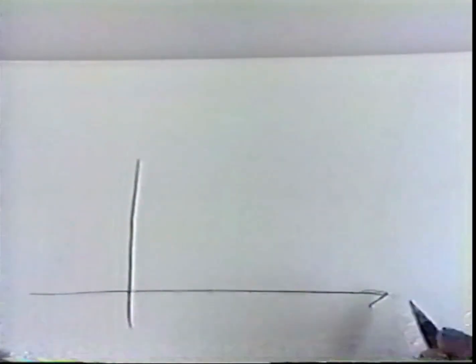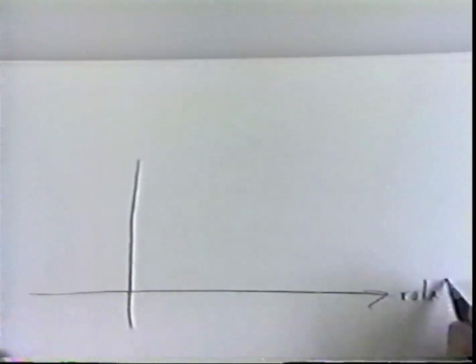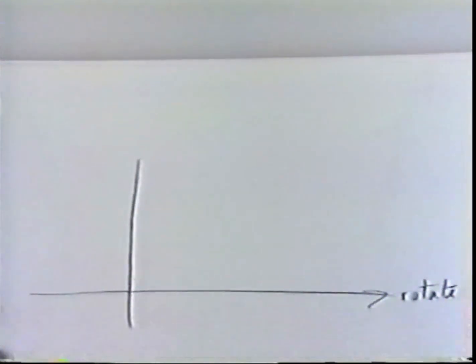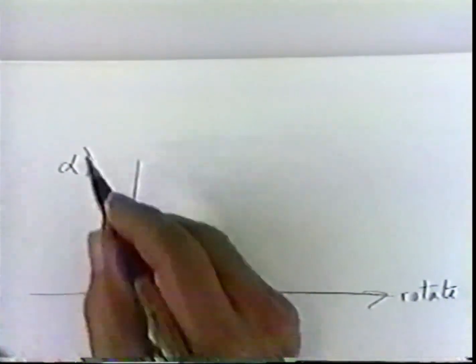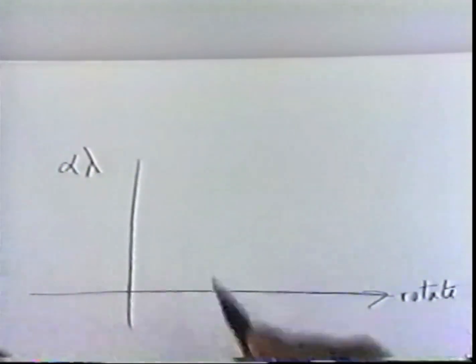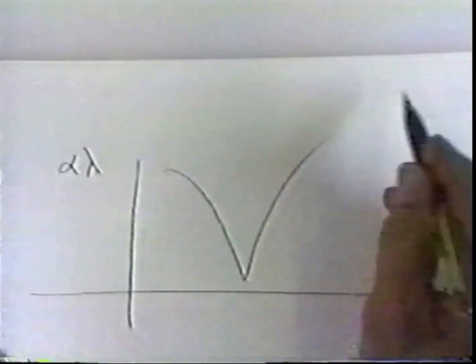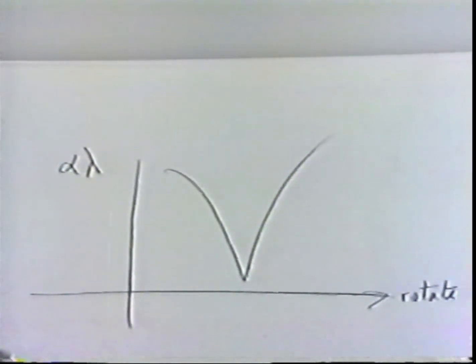And typically, if I can just draw a picture here, if we do a rotation, for example, in a plane, and plot the loss per wavelength, very typically we will find very sharp minima.